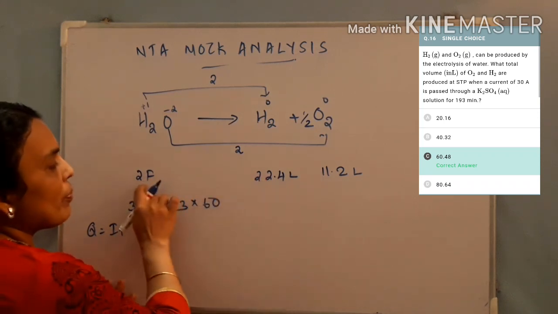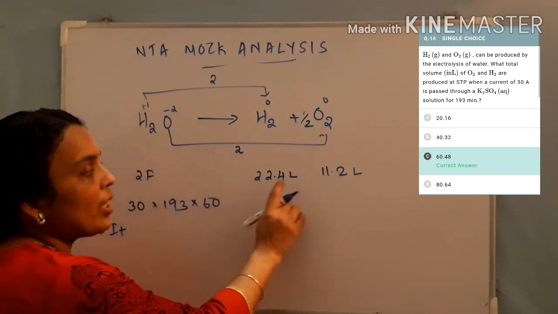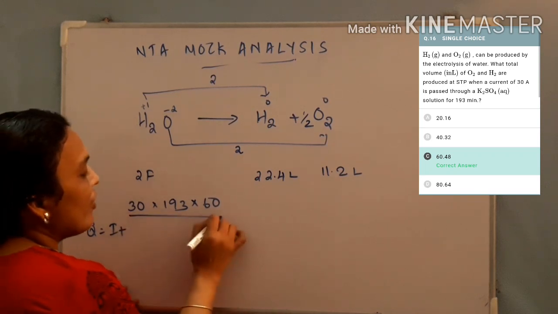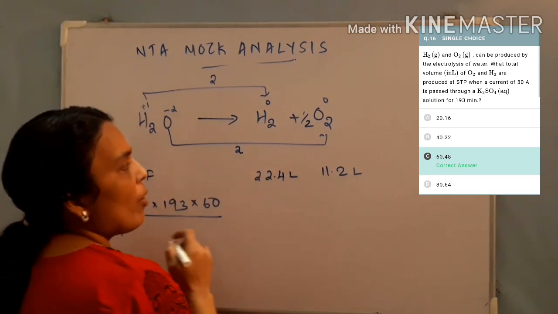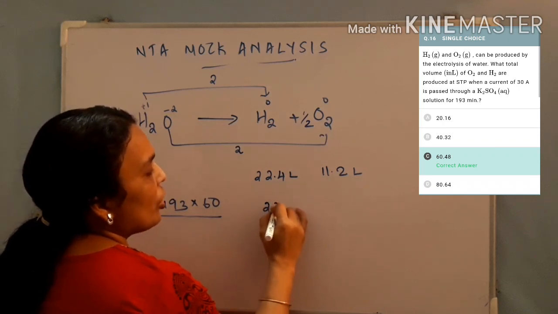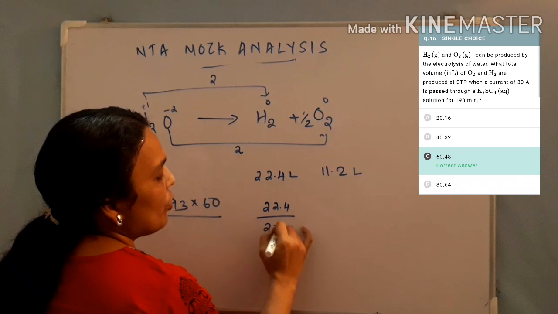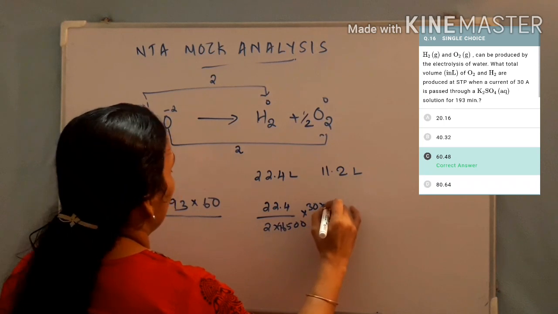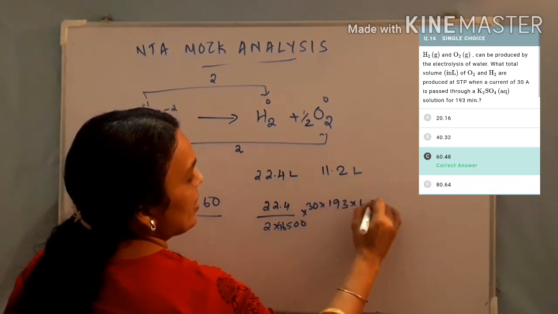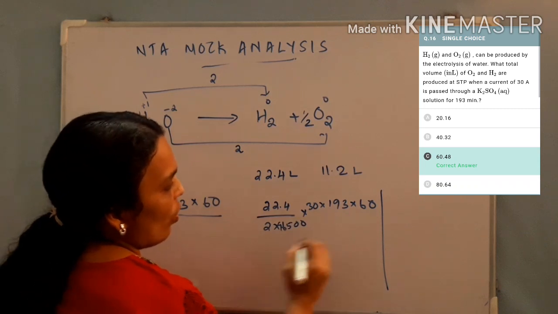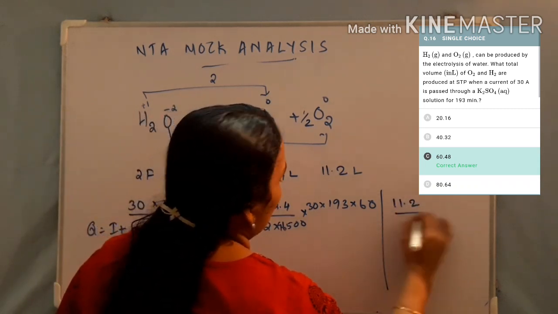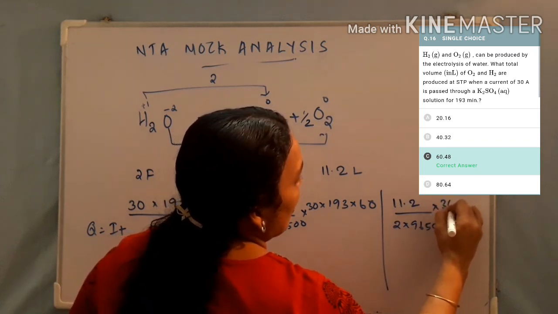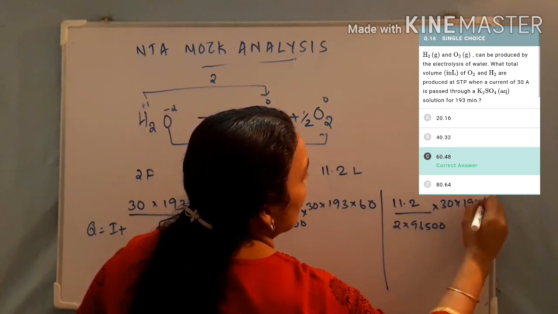If we pass 2 into 96,500 coulomb, this much hydrogen and oxygen will be liberated. So the volume of hydrogen liberated is 22.4 by 2 into 96,500 into 30 into 193 into 60, and the oxygen is 11.2 by 2 into 96,500 into 30 into 193 into 60.